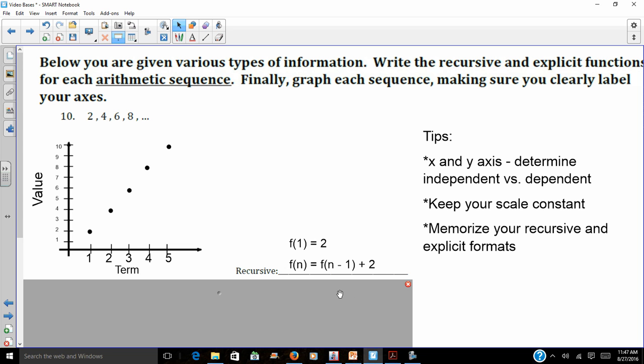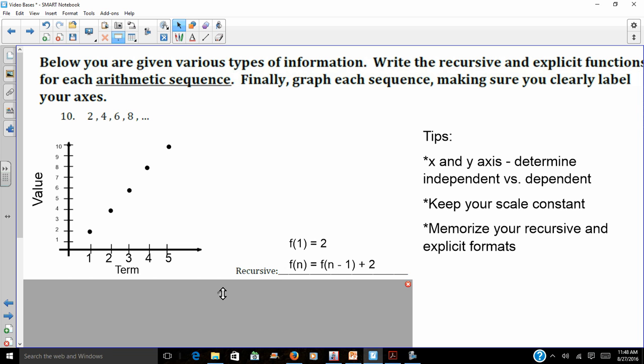In order to find a term, you have to have the term before it with a recursive function. This becomes trouble when we are looking for perhaps the 50th term and we don't have the 49th term. So this really works well when you already have a list of terms and you're just looking for the very next term in a sequence, because it tells you just to go to the previous term and add 2.